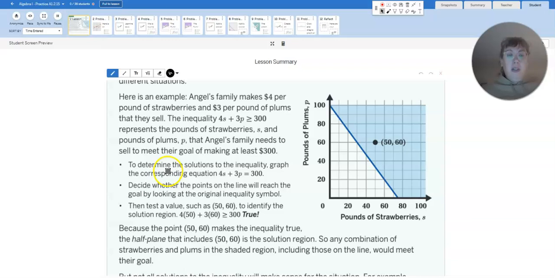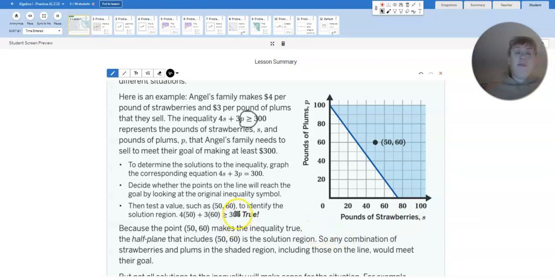To determine the solutions to the inequality, graph the corresponding equation, which they did. That's our blue line. Decide whether the points on the line will reach the goal by looking at the original inequality, which, since it is greater than or equal to, it's going to be a solid line. Points on the line are also solutions.